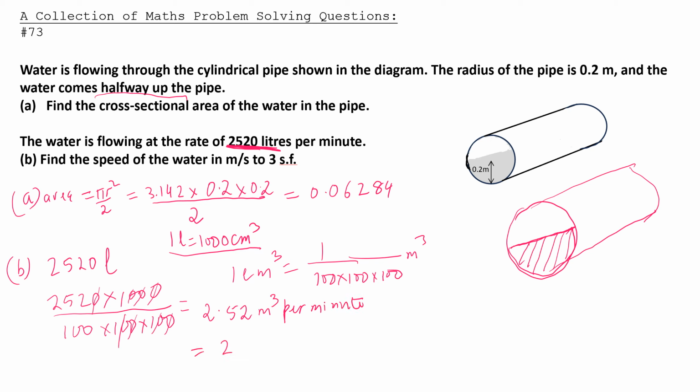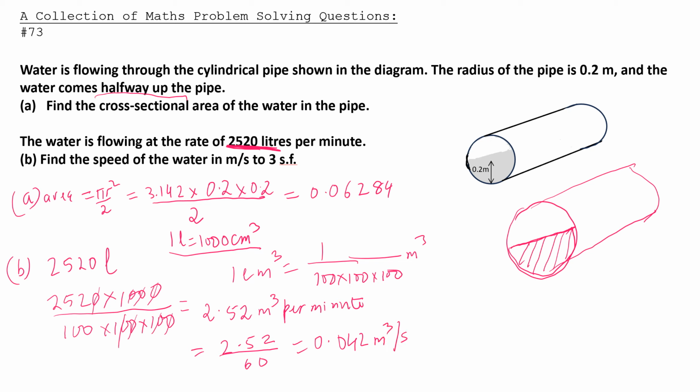Now that would be 2.52 divided by 60, and that is equal to 0.042 meter cube per second.